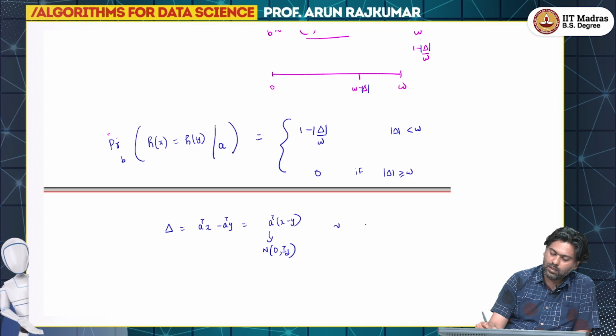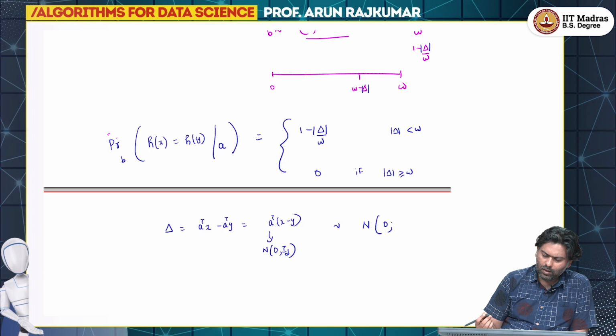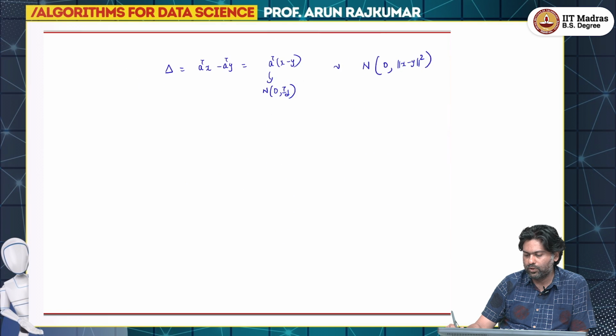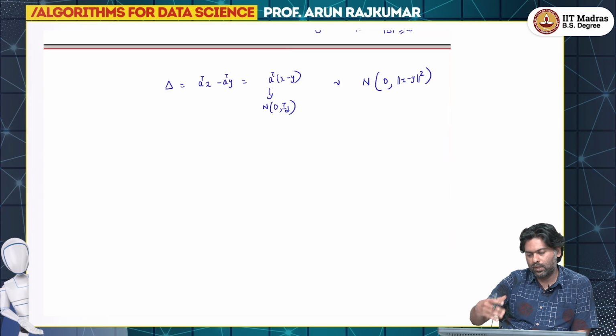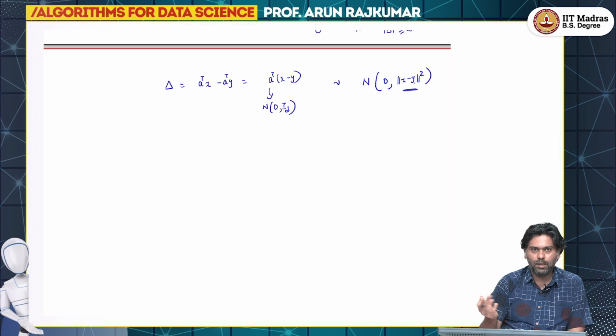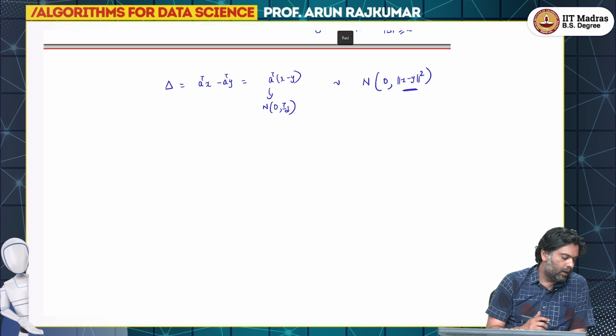This is just a Gaussian with mean 0 and variance equal to the length squared of x minus y. This is something that we saw when we were doing JL, and that is why JL works in some sense, because you can think of JL as estimating this length squared using multiple such dot products.